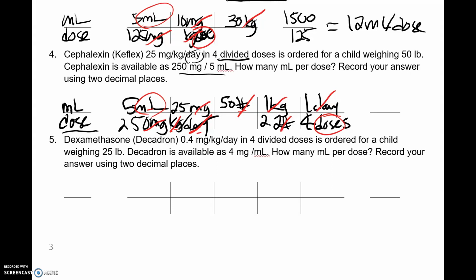5 times 25 times 50 equals 6,250. And then 250 times 2.2 times 4 equals 2,200. When we multiply that out, we get 2.480909.